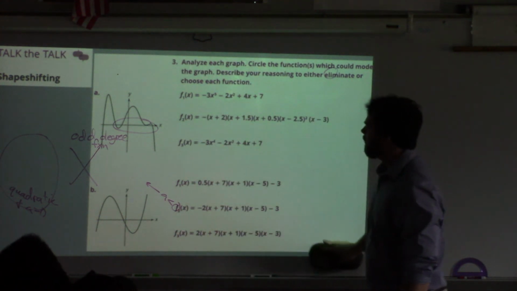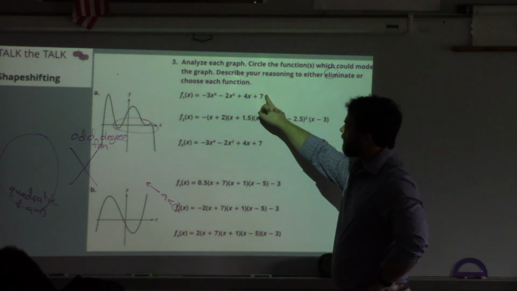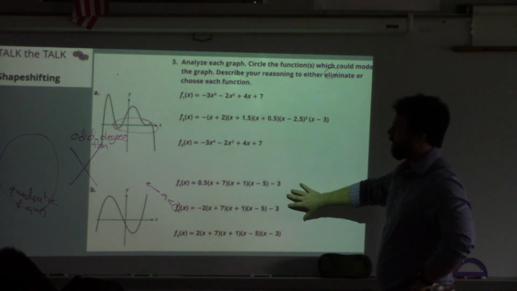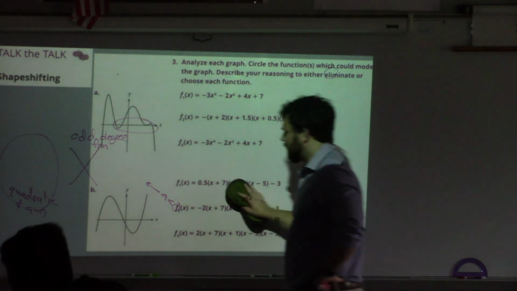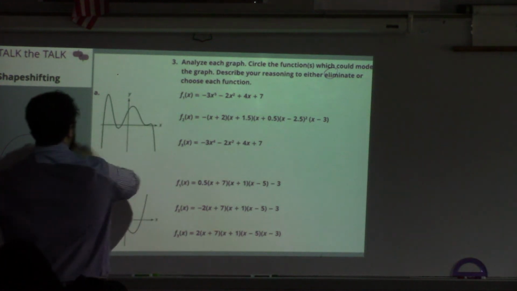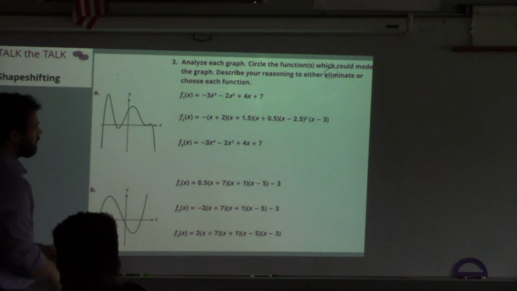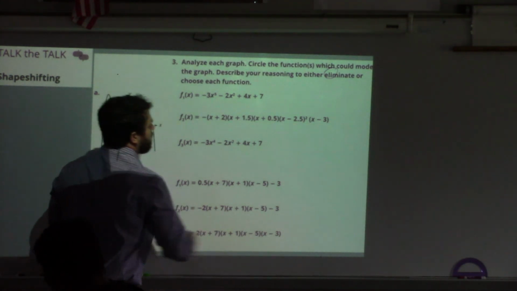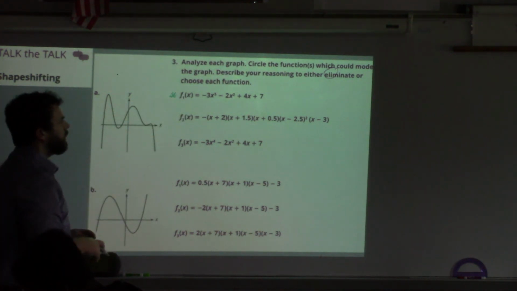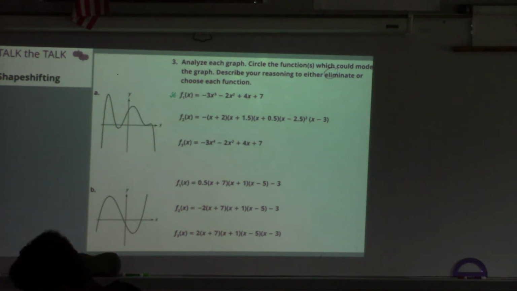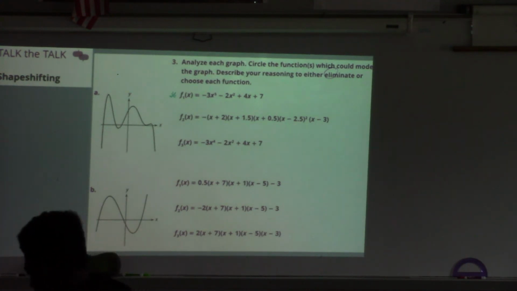I did F2 and got that one, and I did F3 and got that one. I think it might be F1. I circled F2 because of the amount of x's. Could it be F1?